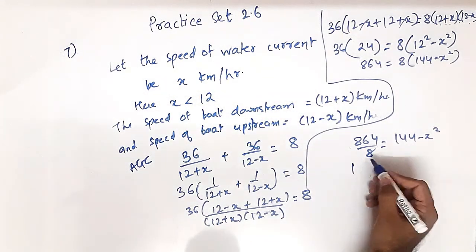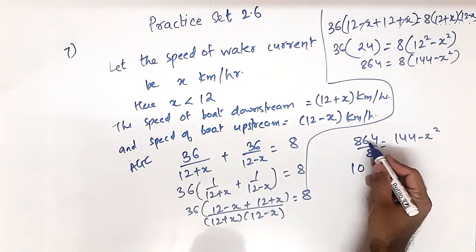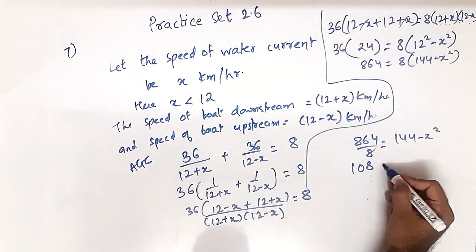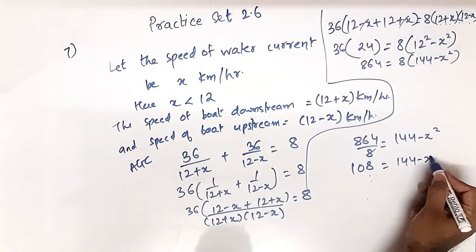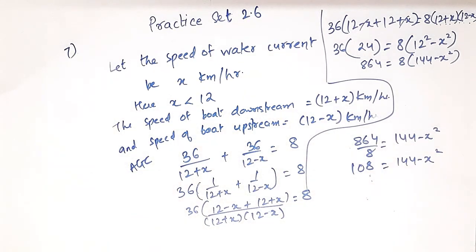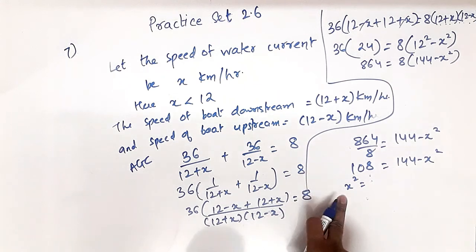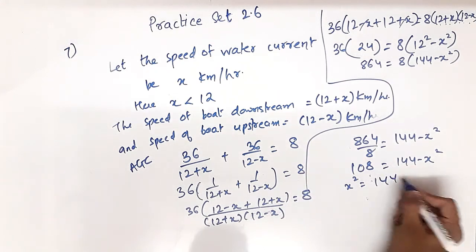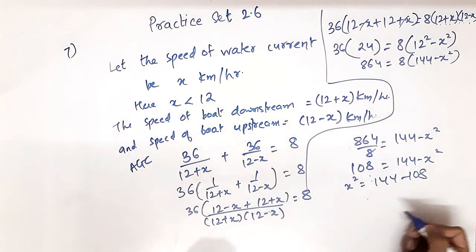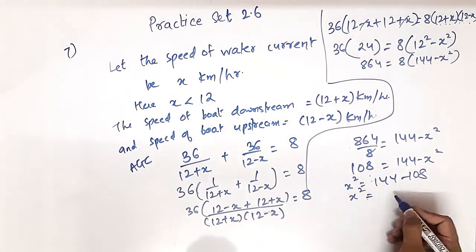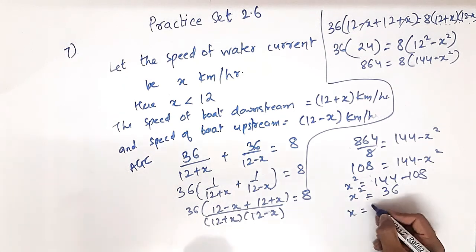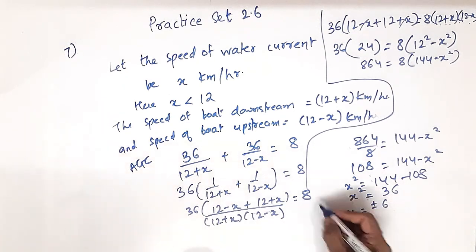8 ones are 8, 8 zeros are 0, 8 eights are 64. Division you can carry out, 144 minus x square. So we get x square is equal to, x square I'll bring here, it will become positive, 144 minus 108. So x square is equal to how much? It is 36. So x is equal to plus or minus 6.